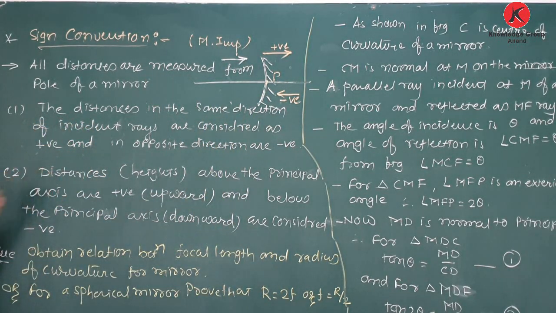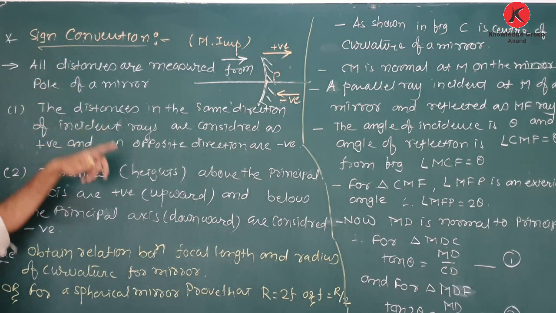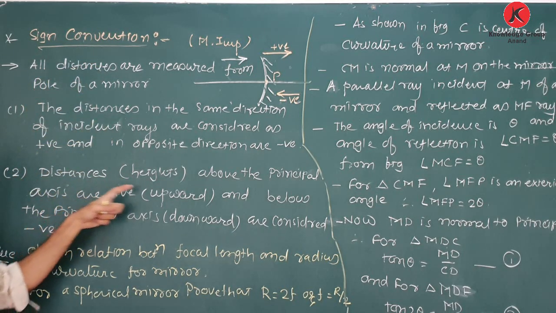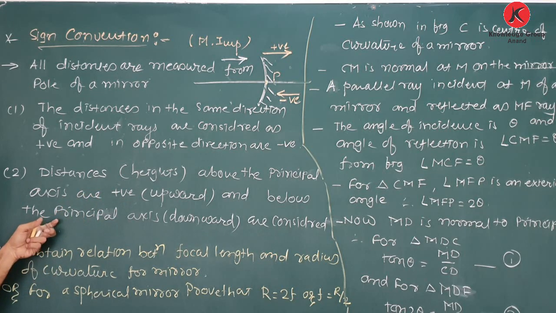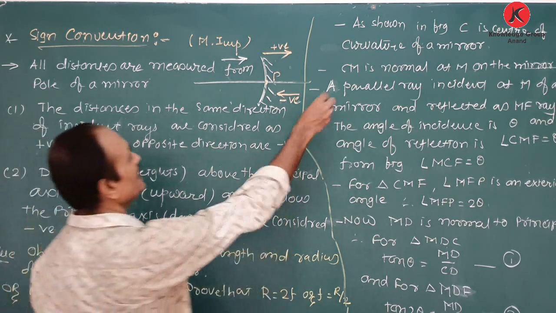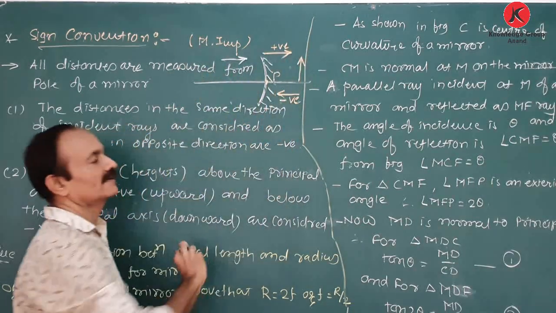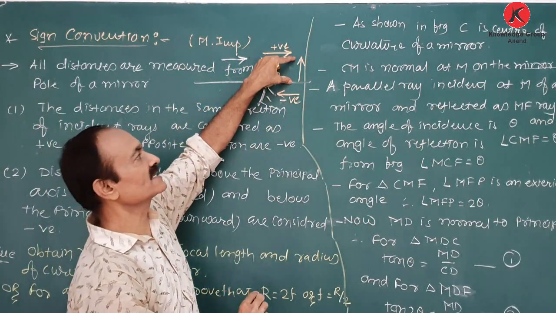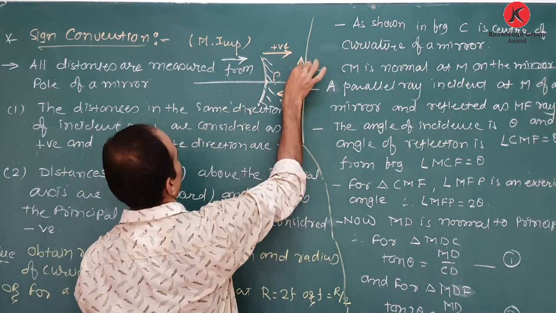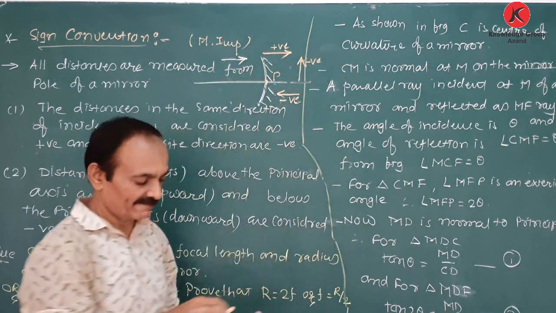Now the second rule is that distances, that means heights, above the principal axis are considered positive and below the principal axis are considered negative. That means if we measure the distance in this direction, upward, the distance is considered positive.